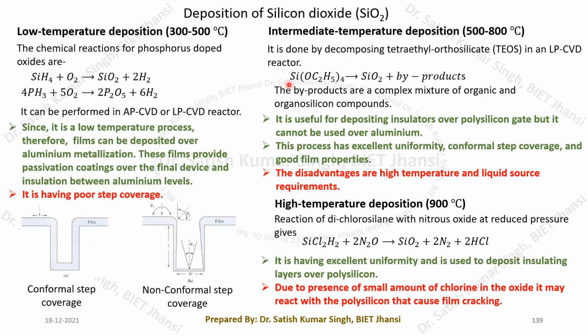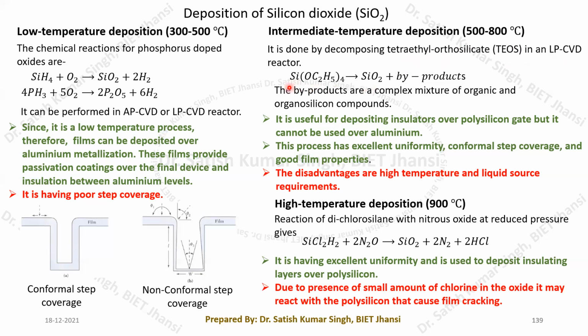Now we have the intermediate temperature deposition. Here you can see this temperature is around 500 to 800 degrees centigrade, and this time we use tetraethyl orthosilicate, abbreviated as TEOS. It is used in the low pressure CVD reactor.